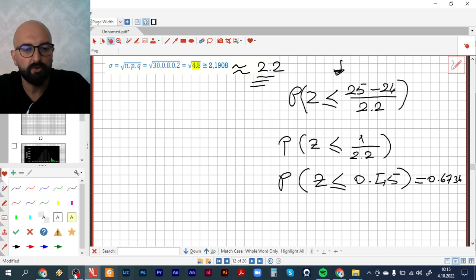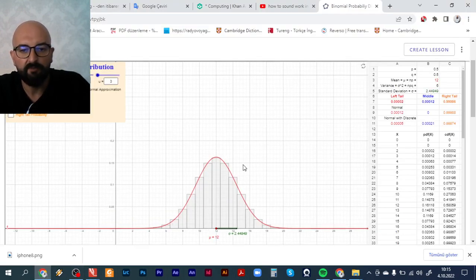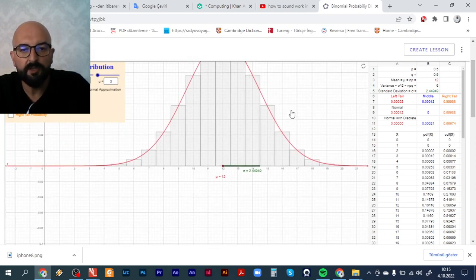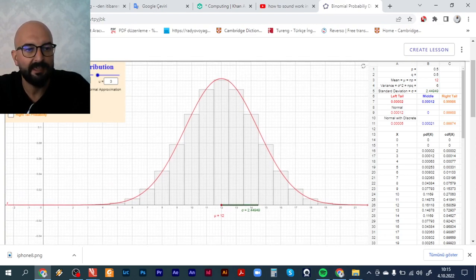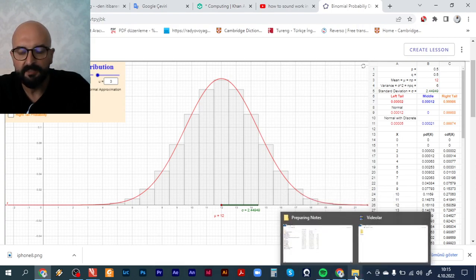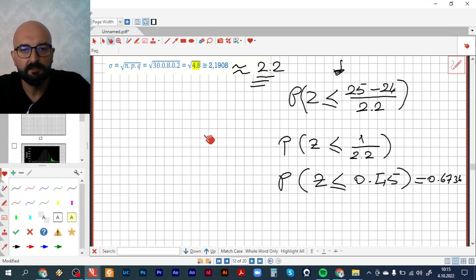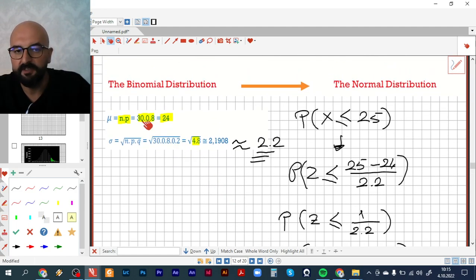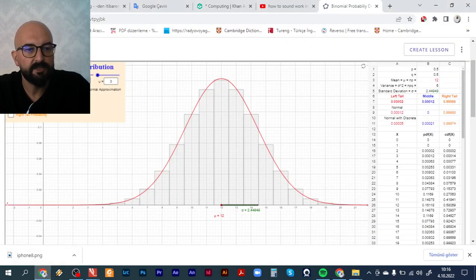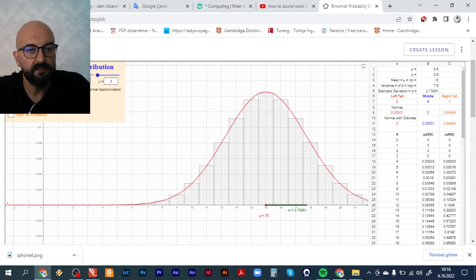If I want to show 0.45 on the graph, remember our number of trials is 30 and the probability is 0.8.